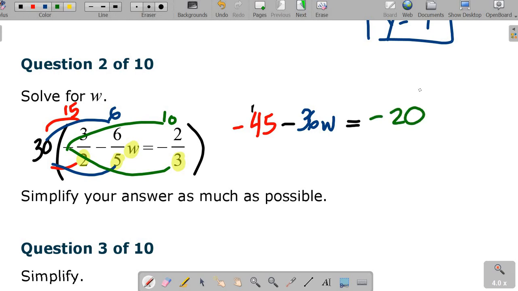Once you have your equivalent expression, then you simply isolate your variable.